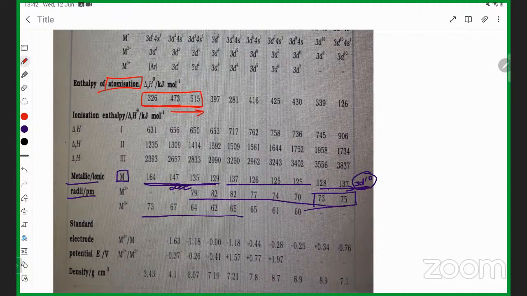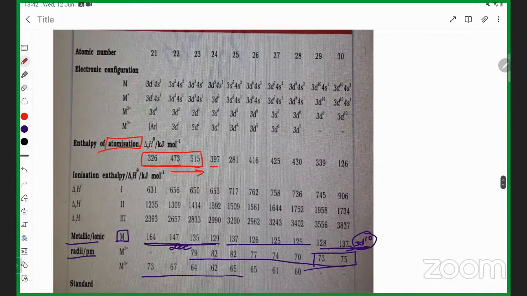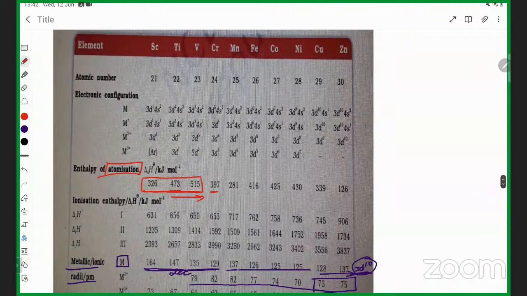Then there are exceptions. Chromium and Mn are exceptions, though this exception is not given in the NCERT book. Because of the pairing of electrons, it decreases. So it depends on the number of unpaired electrons. From the beginning it increases: 3d1, 3d2, 3d3 increase. Then these two are the exceptions.